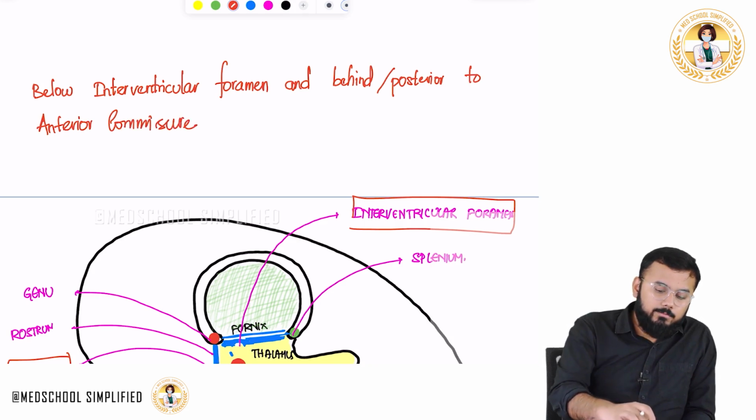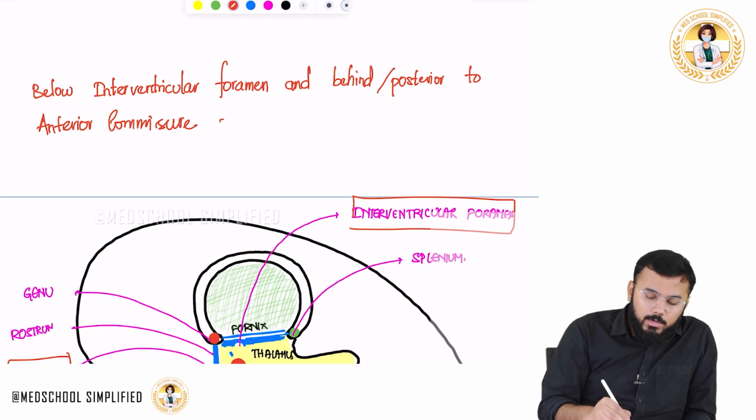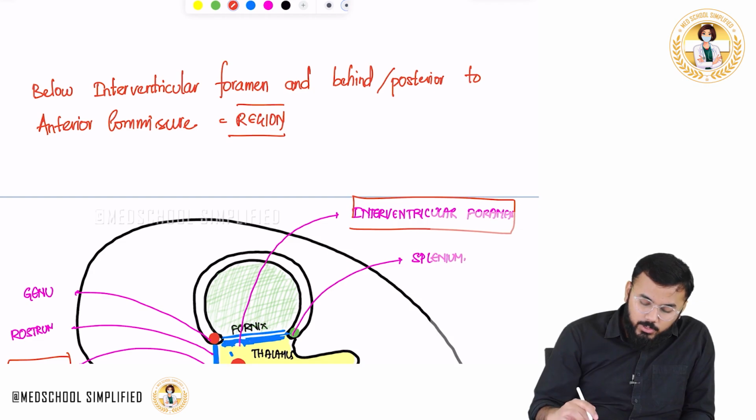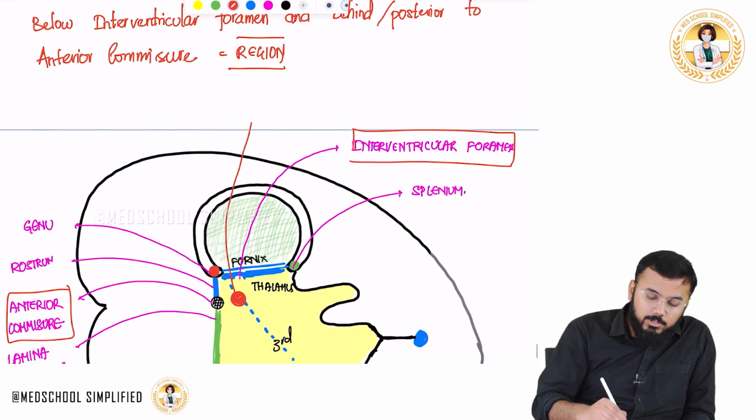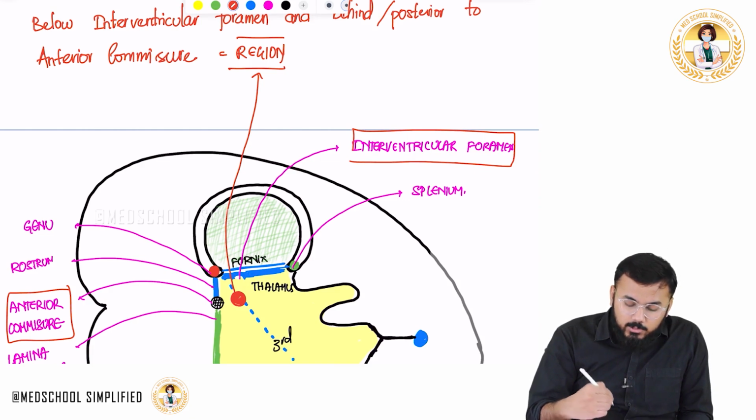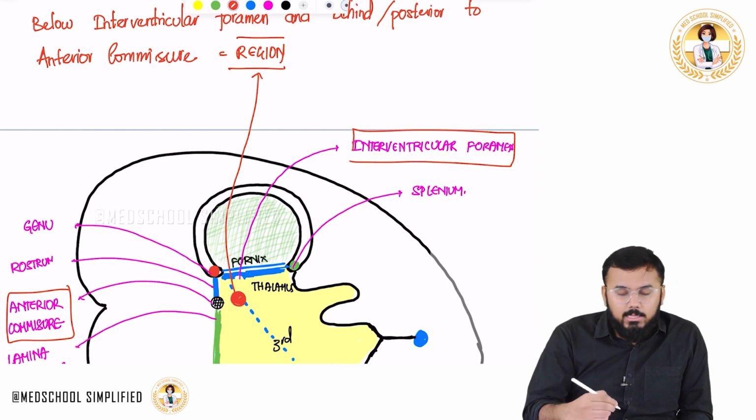So here we have a region. This red color thing is the particular region I am talking about. It is not a body, it is just a region which I am explaining to you.